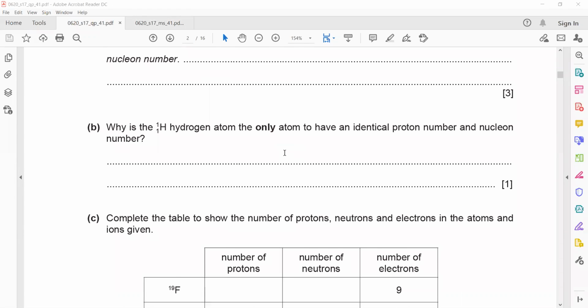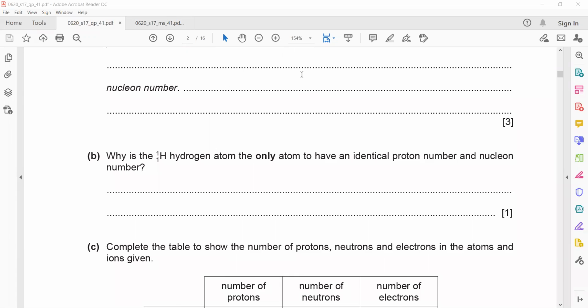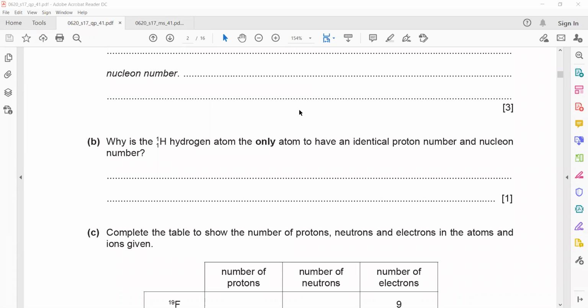Why is hydrogen 1 the only atom to have identical proton and nucleon number? What is the reason why hydrogen is there? It's the only atom which has identical proton and nucleon number, because it does not have any neutron.